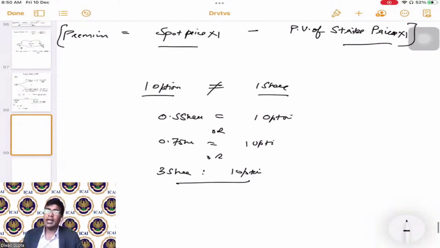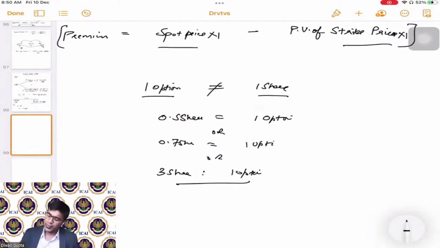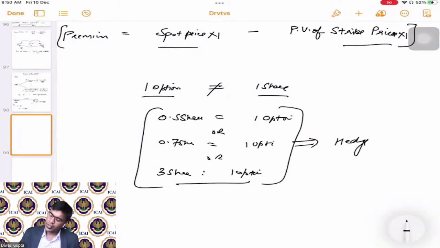This is actually an outcome of the hedge ratio. Hedge ratio is going to give you the number of shares for the number of options. Okay, students.